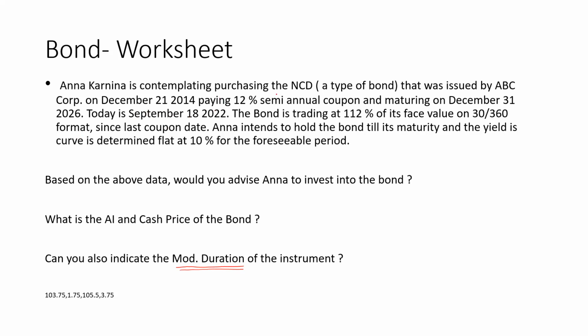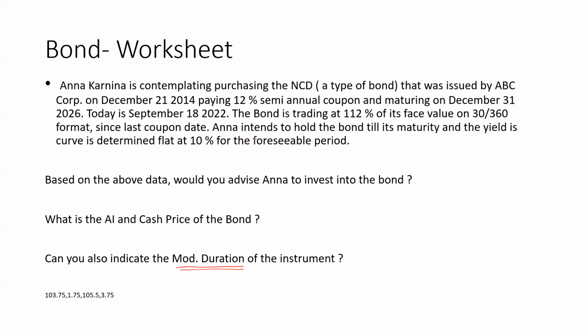Anna Karenina is contemplating purchasing an NCD. NCD means non-convertible debenture, which is a type of bond that was issued by ABC Corporation on December 31, 2014, paying a 12% semi-annual coupon and maturing on December 31, 2026. Today is September 18, 2022, exactly the day we are having the class. The bond is trading at 112% of its face value on a 30/360 format, since last coupon date.